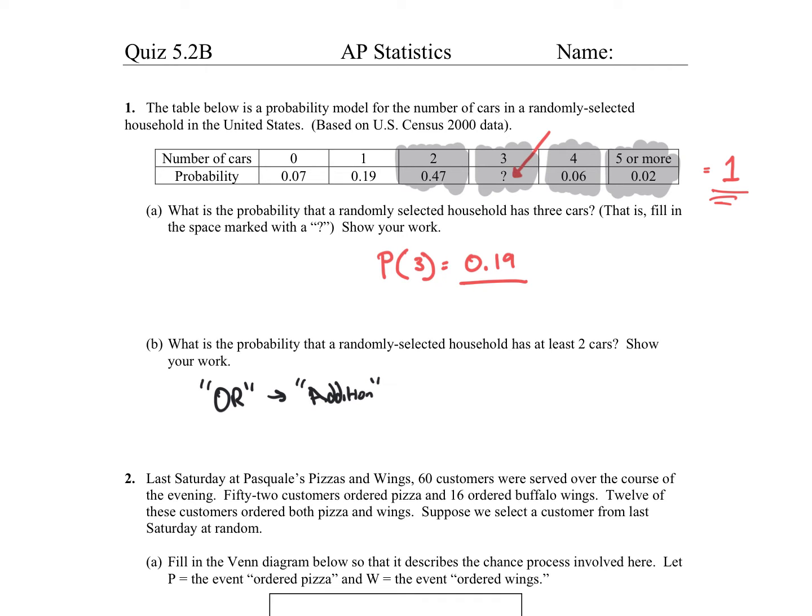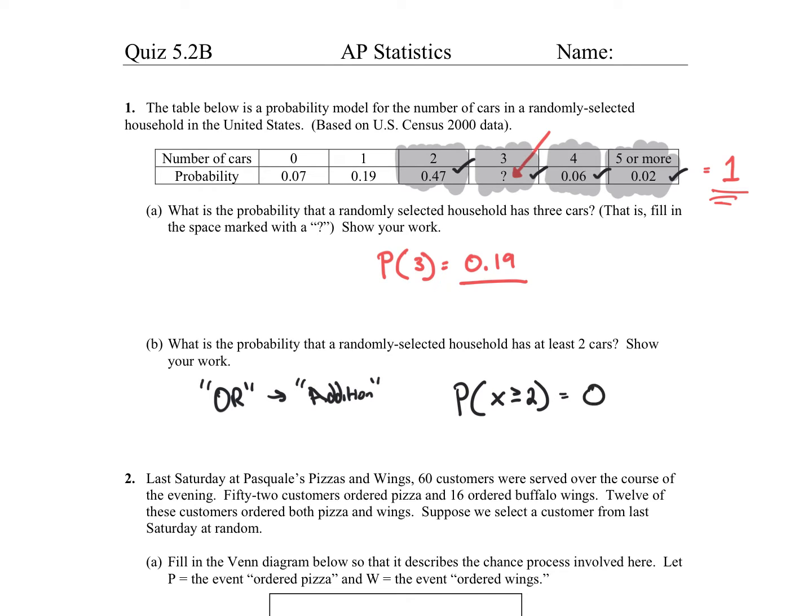So addition rule: 0.47 plus 0.19 plus 0.06 plus 0.02. That's the probability of X being at least 2 cars, greater than or equal to 2 cars.